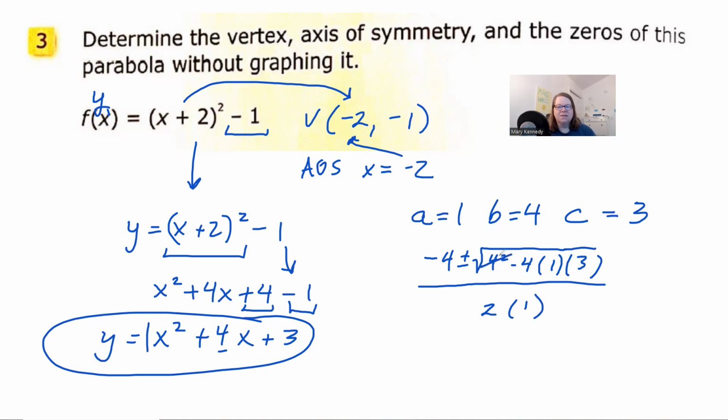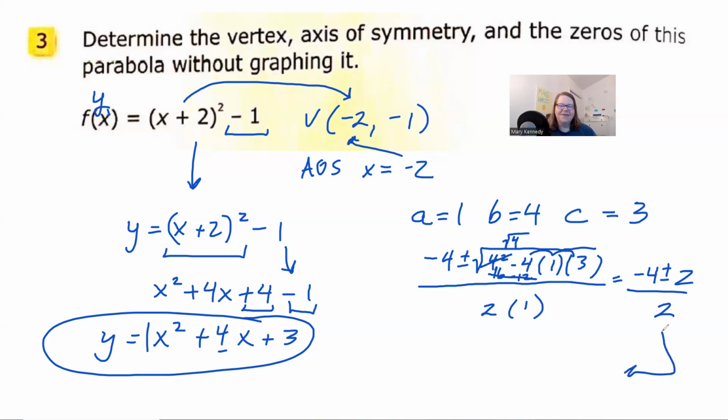Okay, let's start to clean this up. 4 squared, that's 16. 4 times 1 times 3 is 12. 16 minus 12 is 4. So this is all actually the square root of 4. Well, that's nice because the square root of 4 is 2. So let's see. We have -4 plus or minus 2, because all of that is just 2, over 2 times 1, which is 2. Okay, we're almost there, believe it or not.